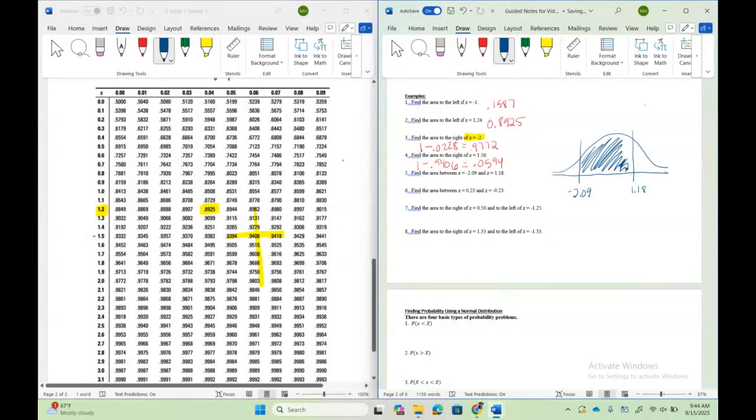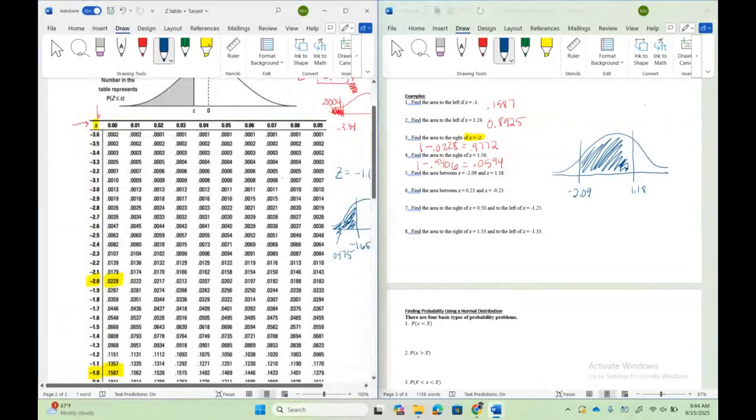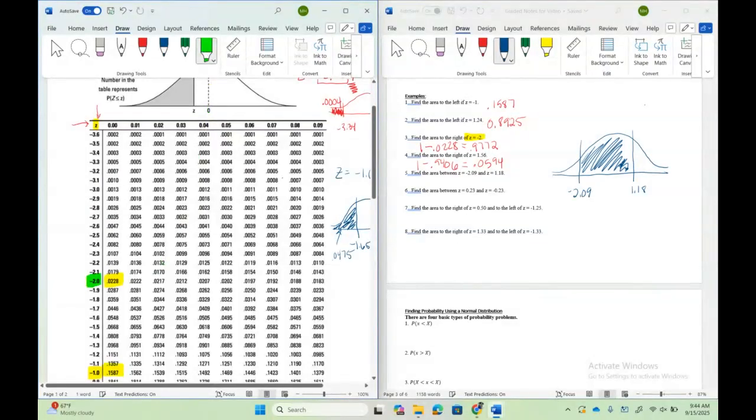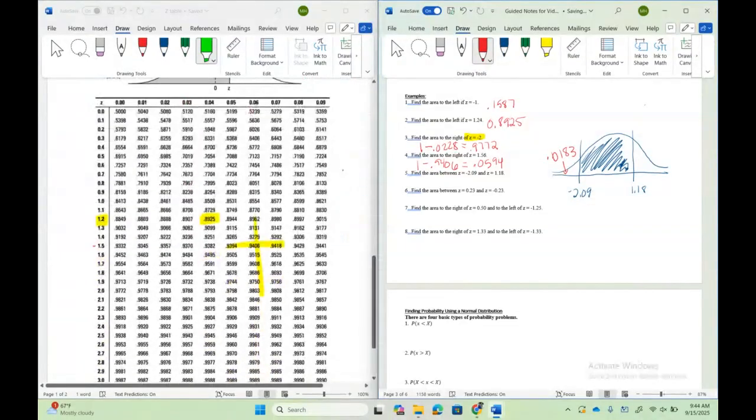So let's find the area to the left of negative 2.09. All right, so this area right here is 0.0183. And then the area to the left of 1.18, right here.